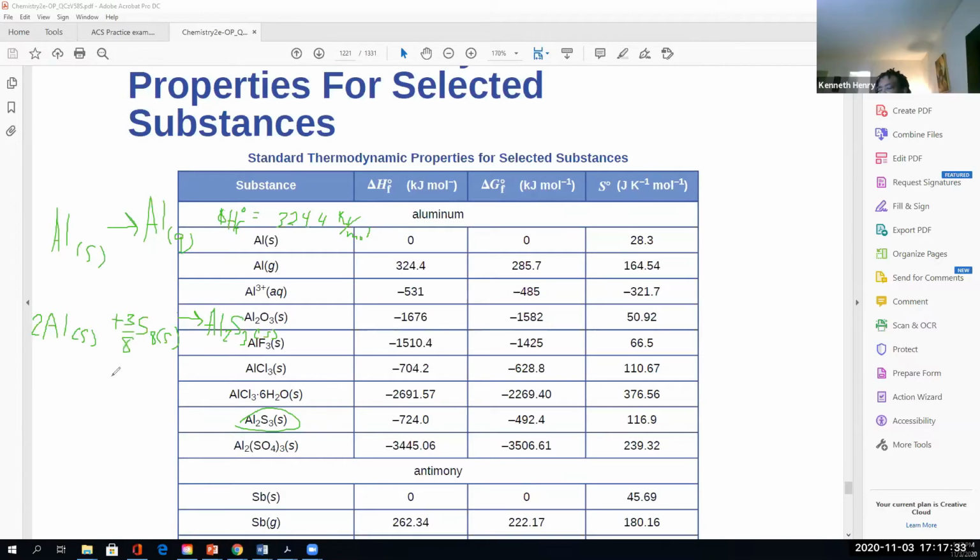Piece of cake. And then our enthalpy would be whatever that value is, which is negative 724. Good so far?